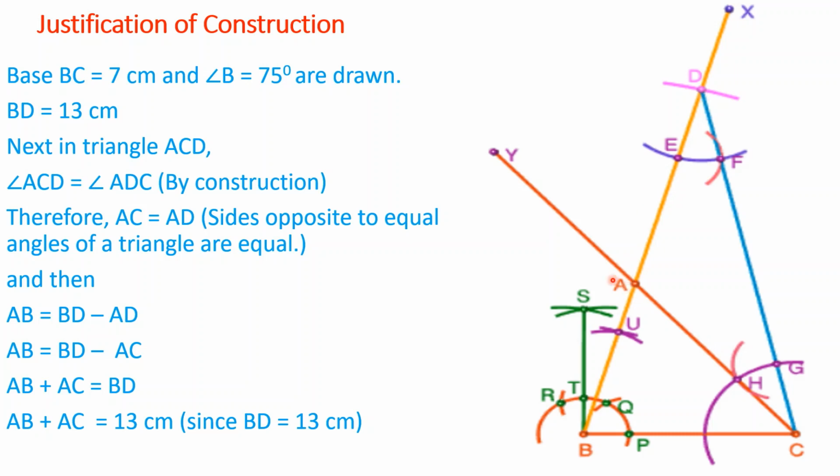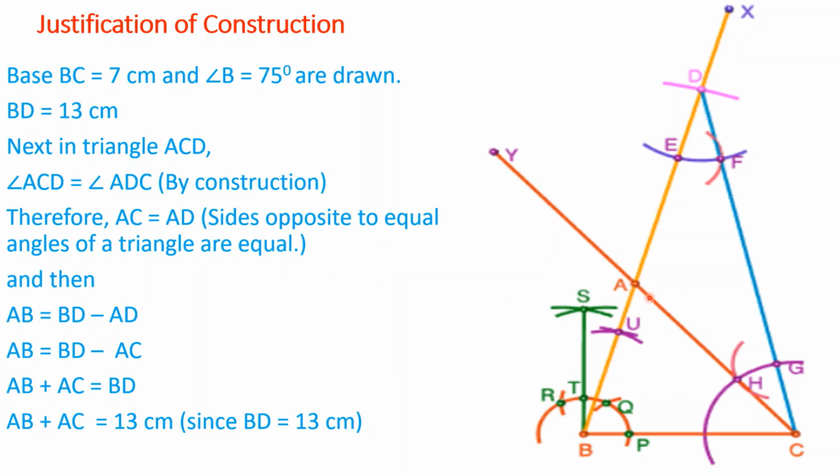So AD and AC both are equal because angle C and angle D are equal. Here we have written angle ACD equal ADC by construction. So AC equal AD, side opposite to equal angles of a triangle are equal.